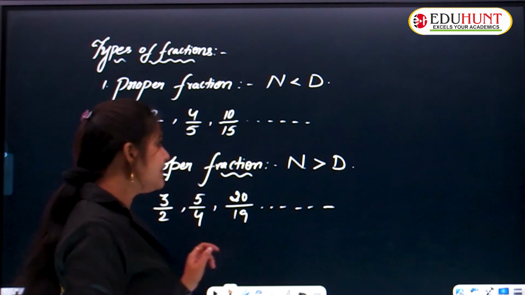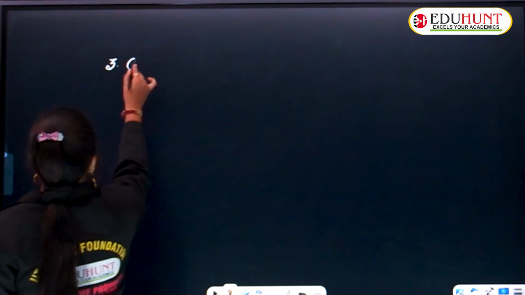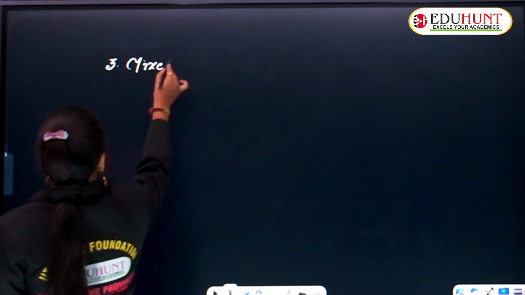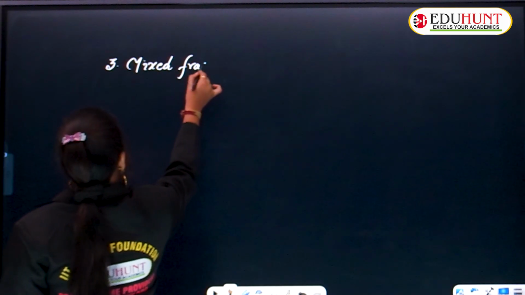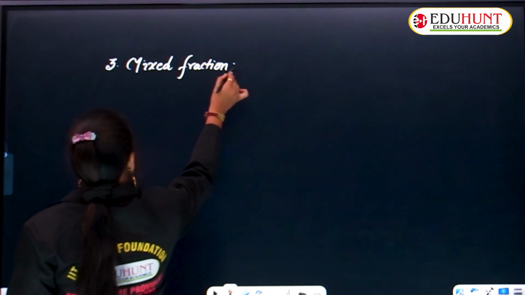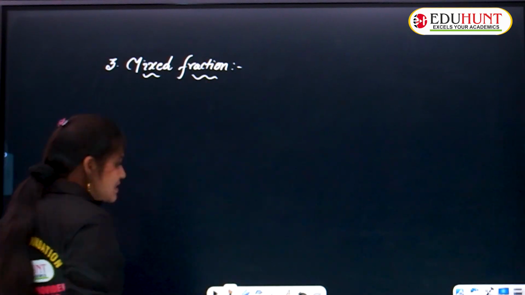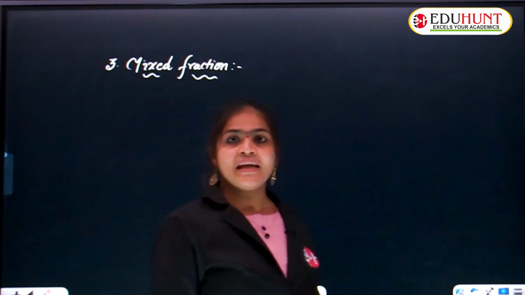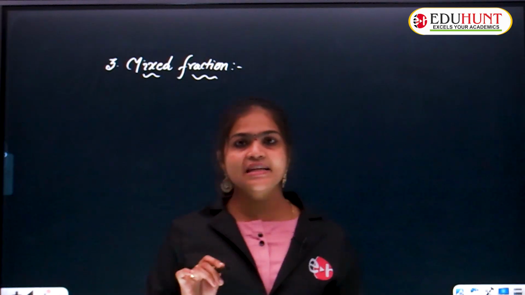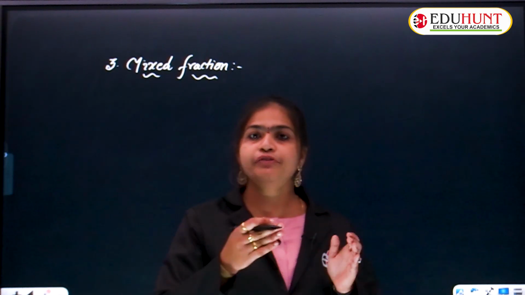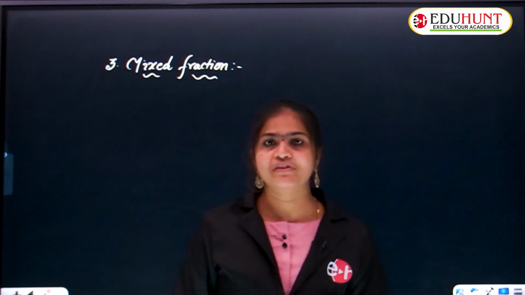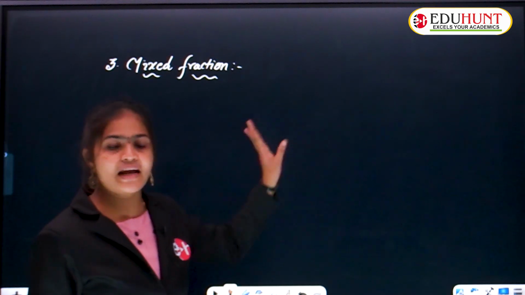Understood? In the same way, next one is the mixed fraction. Children, mixed fraction means what? In the name itself there is mixed. Mixed means the combination of a whole and a proper fraction is called a mixed fraction.